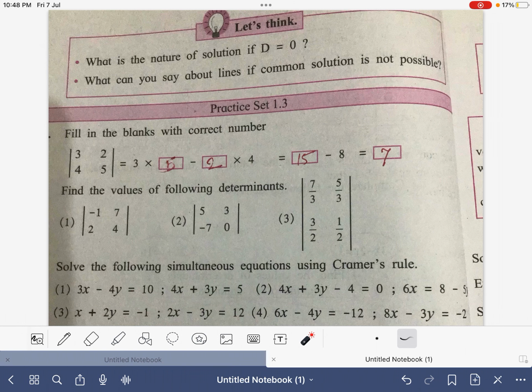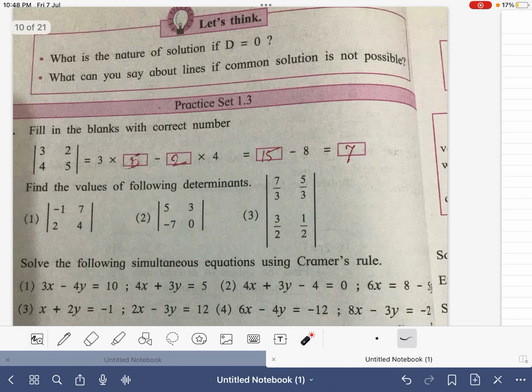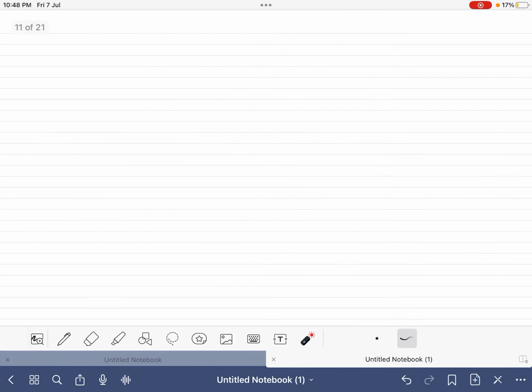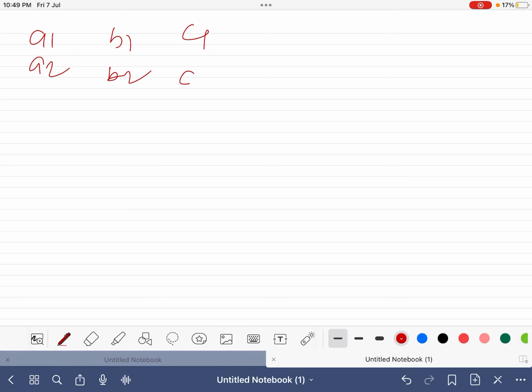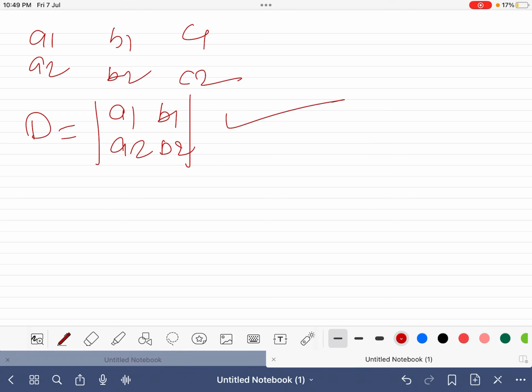So 3x minus 4y is equal to 10, 4x plus 3y is equal to 5. What we have to do is solve these equations by the determinant method. Means the previous method, just find the values of a1 a2 b1 b2 c1 c2. Then the next step is to find the value of D. What is the value of D? a1 a2 b1 b2, put the values and get the answer.